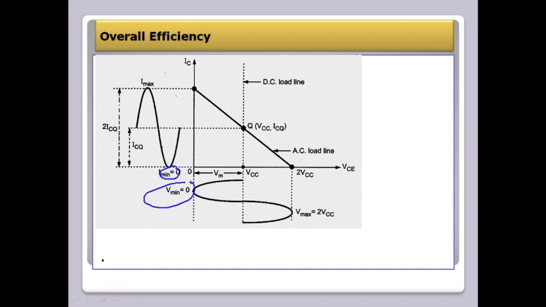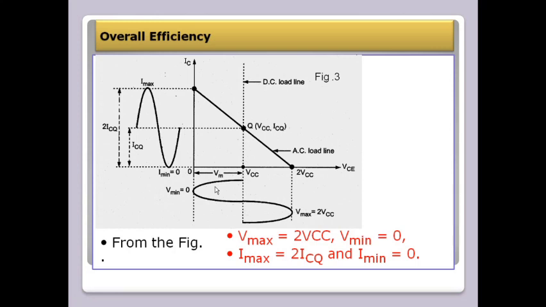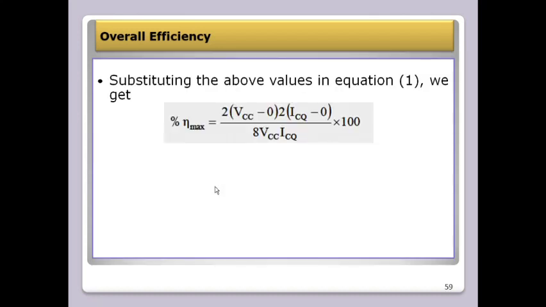V maximum is equal to VCC, and I maximum is equal to ICQ. So by substituting these values in the equation, I can now calculate the overall percentage efficiency.